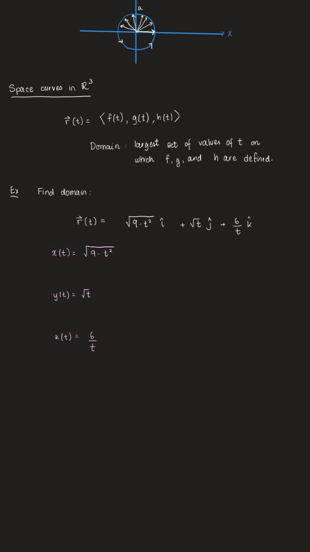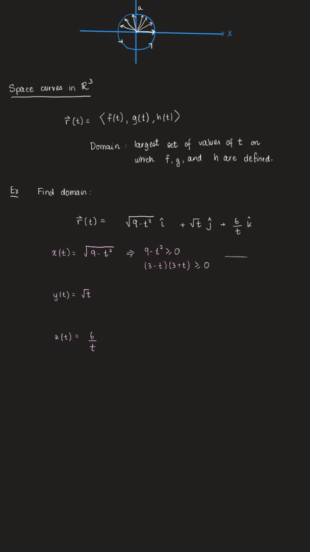If we take a look at x of t, we know that the domain of this function would be that 9 minus t squared must be greater than or equal to 0. If we factor 9 minus t squared, that will be 3 minus t times 3 plus t, and this product must be greater than or equal to 0.